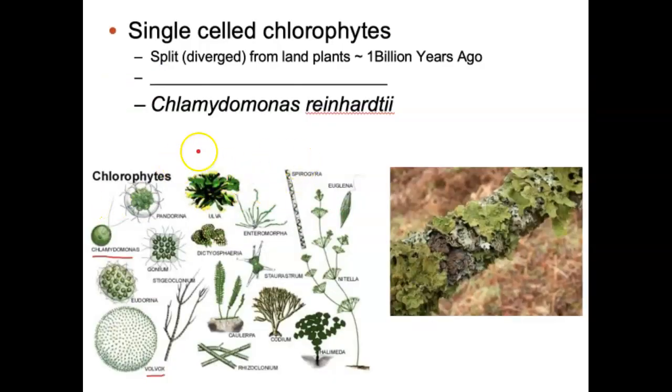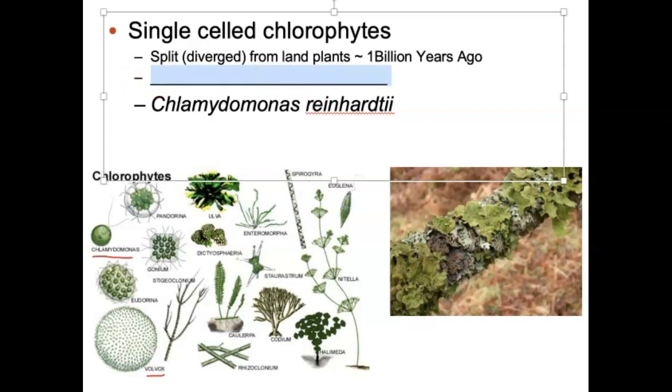But most of the single-celled chlorophytes are going to be part of the plankton load within aquatic ecosystems. So again, we got a lot of diversity here, a lot of variety.